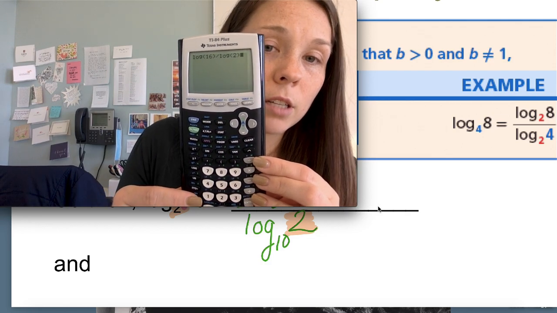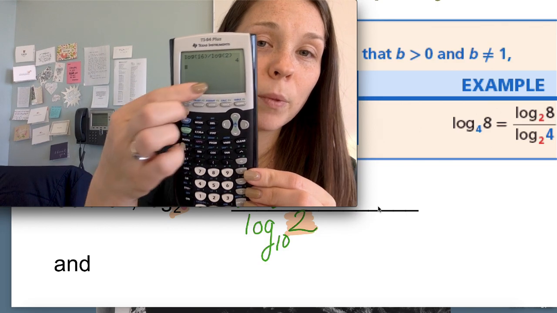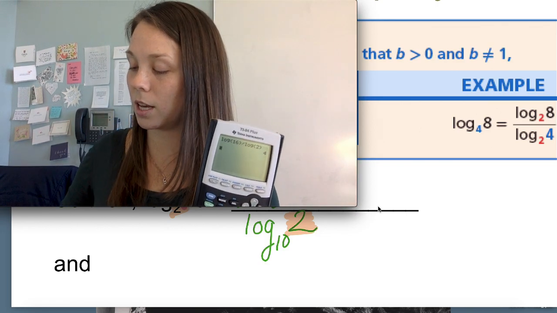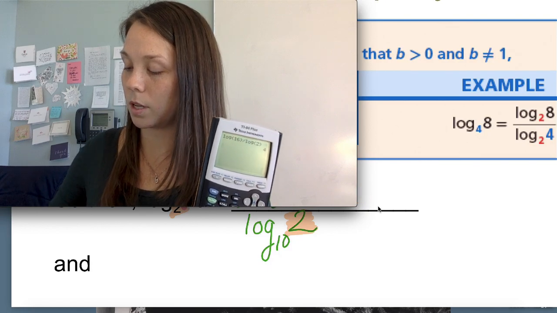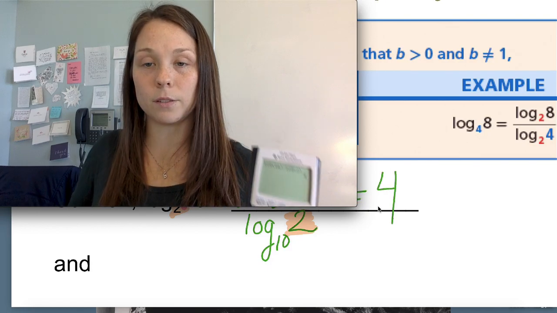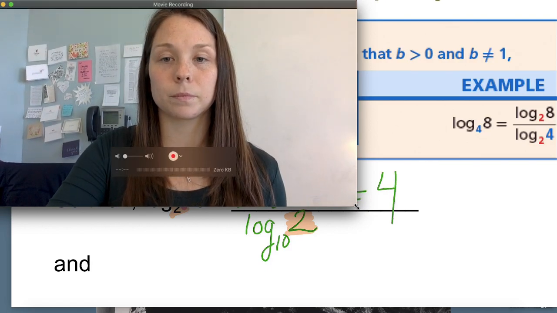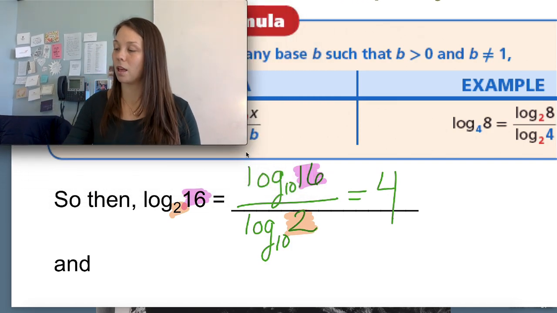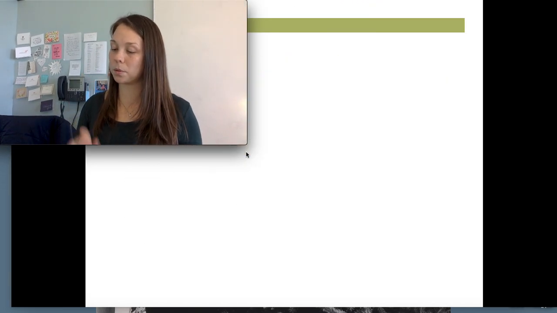And then we hit enter. Nope, I didn't hit enter. Enter, and we get 4. So we know our answer to this is 4. Like so. So let's go through 2 more problems like this.